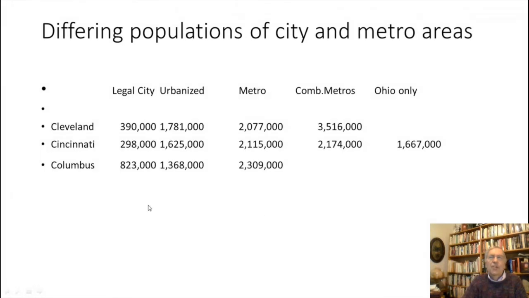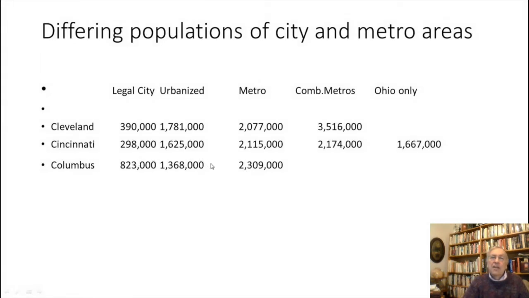You can get different answers depending on what question you're asking. Clearly, in the legal sense, Columbus is the largest city, because it has 823,000 people in the legal city in terms of who votes for the mayor of Columbus and goes to Columbus Public Schools.